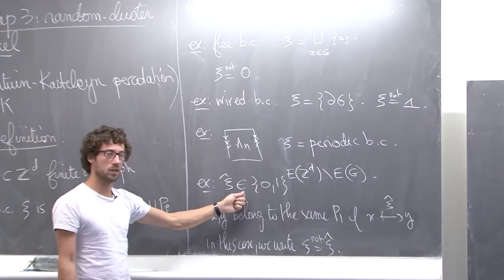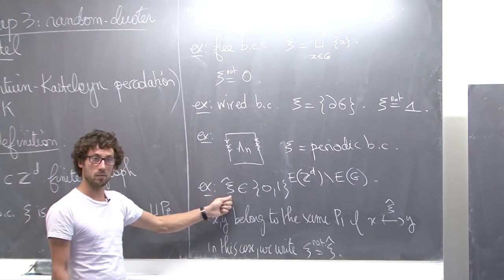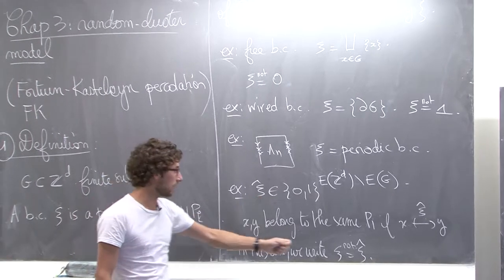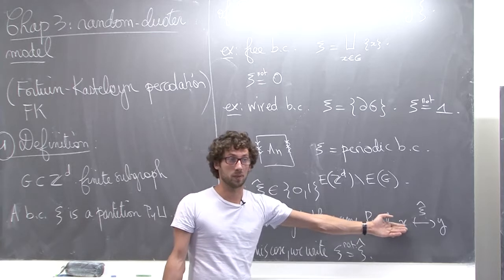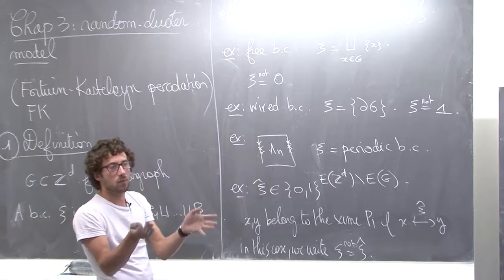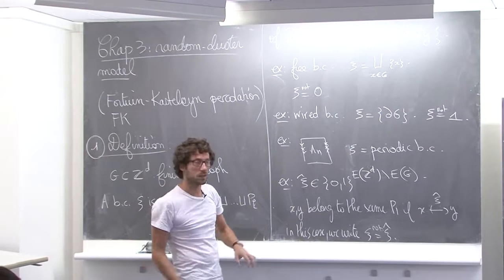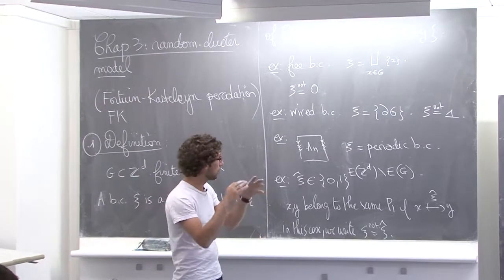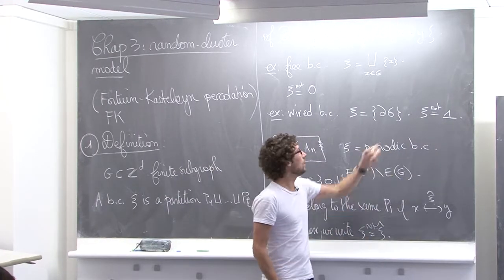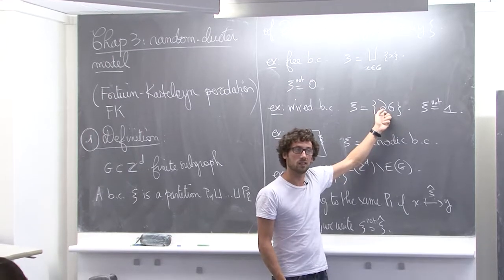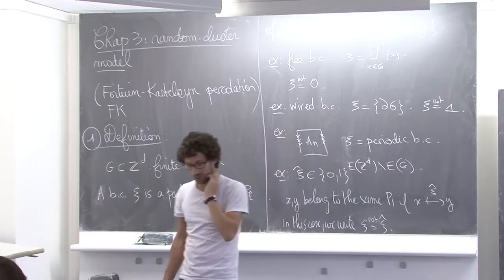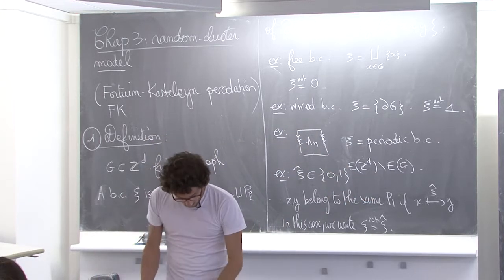If I take this definition and I take the configuration which is just everybody is closed, then the parts of pi are just the singletons because nobody is connected in this configuration. On the other hand, if I take a nice domain, because there could be problems with holes, but if you take a domain without holes, if I take psi equal 1 here, then everybody on the boundary is connected, so I get exactly this boundary condition. So that's the reason for this 0 and 1 notation. Okay. So this is a notion of boundary conditions.